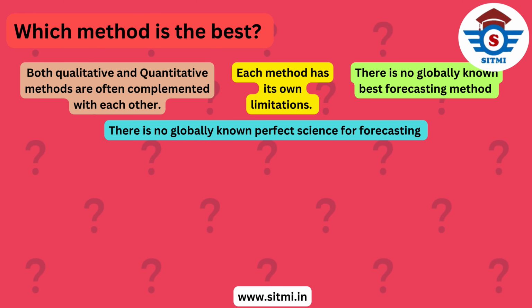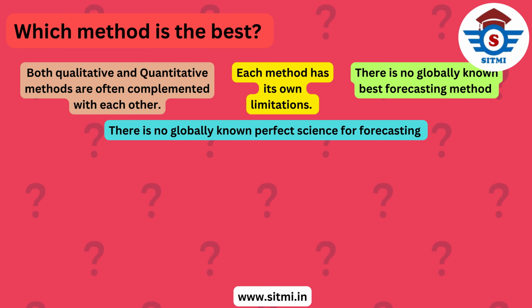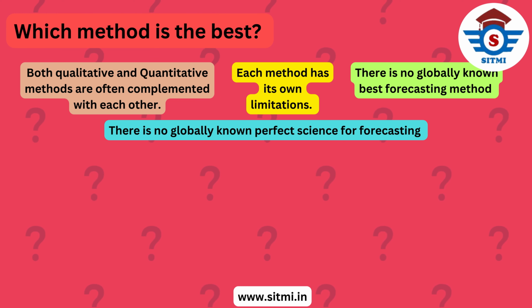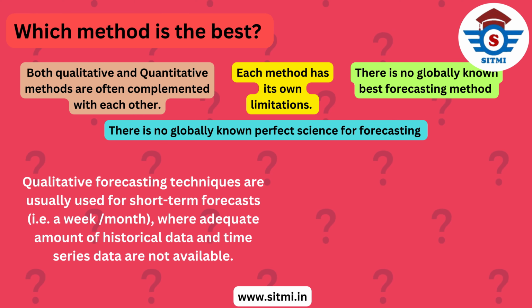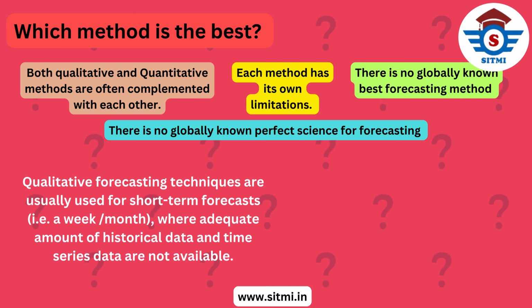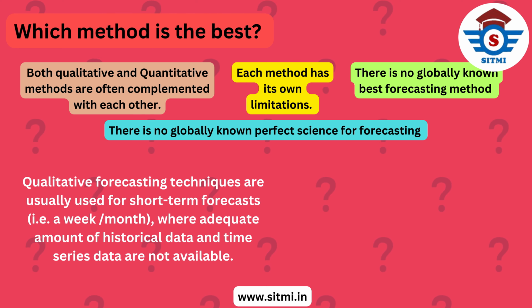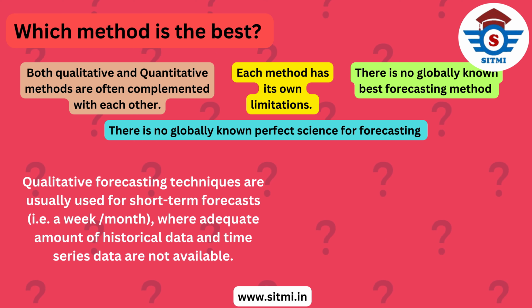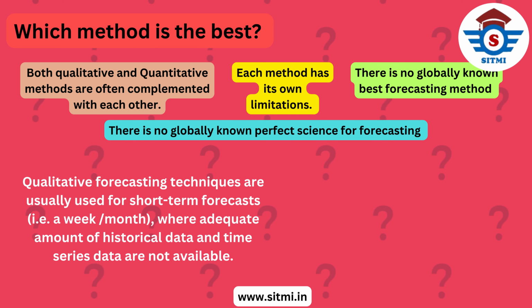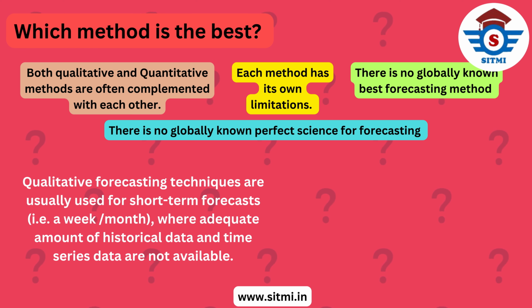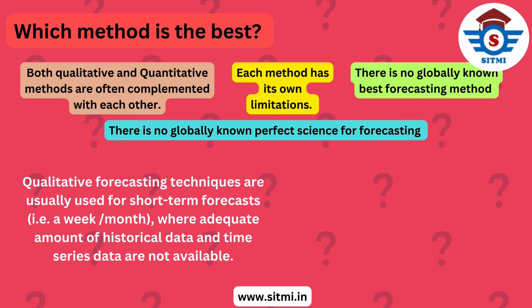Now, usually when qualitative and quantitative forecastings are used, we will see that qualitative forecasting techniques are usually used for the short-term forecast, that is for a few weeks or a few months. In this forecasting method, usually an adequate or significant amount of historical data is not available.